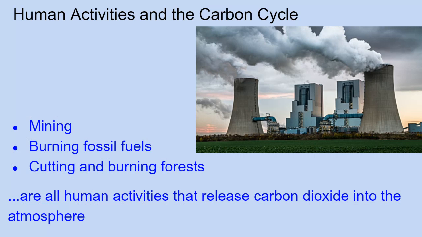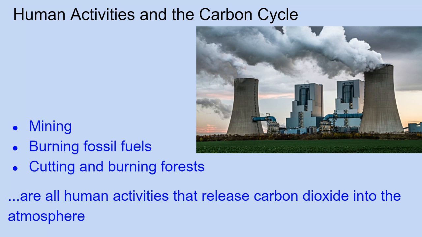So, some human activities have recently been having a pretty big impact on the carbon cycle. Some things that we're doing are mining. We're mining for coal a lot, and that exposes coal that ordinarily would have been trapped underground. It exposes it. And not only that, but we also are burning it and releasing it into our atmosphere, and that's causing the carbon cycle to speed up a lot. We're also burning fossil fuels like petroleum gas.